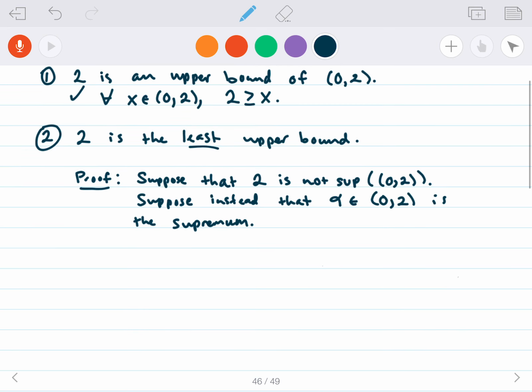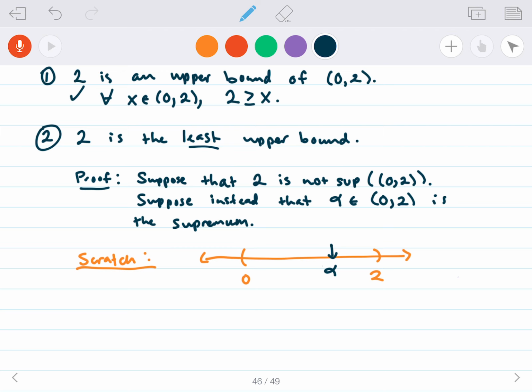And so if I draw a little picture, let me just write that this is scratch work in orange so that we can neglect it later. So the idea here is, okay, here's our open interval from 0 to 2. And we're claiming that there is some alpha in between 0 and 2 that's the supremum.